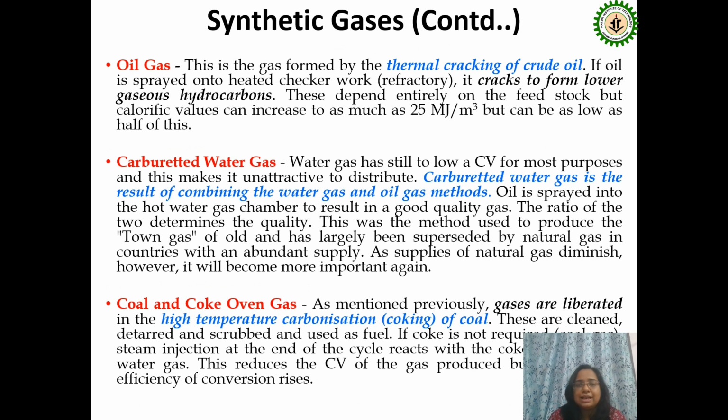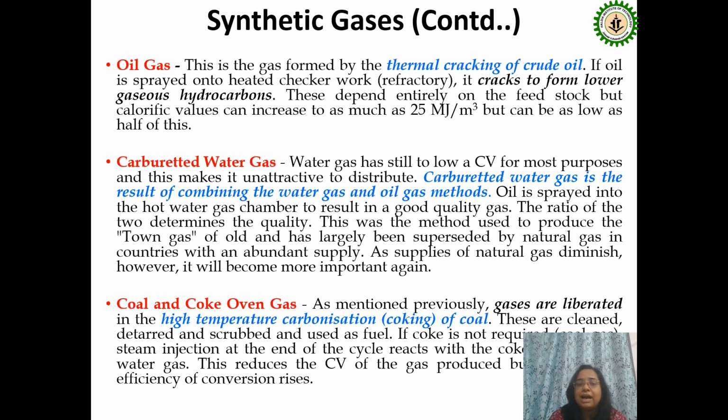In this slide, there are other types of synthetic gases, like oil gas, carbureted water gas, and coal and coke oven gas. So what is oil gas? Oil gas is derived from the thermal cracking of crude oil. That means from the petroleum reserves, if we do thermal cracking, then the gaseous hydrocarbons we derive, their composition is known as oil gas.